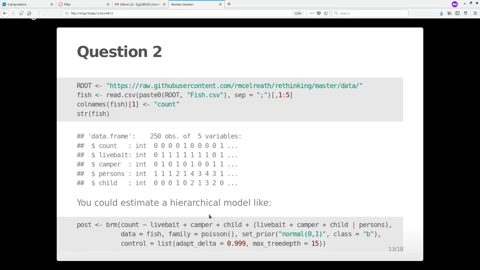You can choose priors. Remember, by default, the priors on coefficients in brms are improper uniforms, which is probably not the best choice, but one that you can easily change to something more reasonable. In some cases, you need to increase adapt_delta to get rid of some of the warnings. That can be done as well.